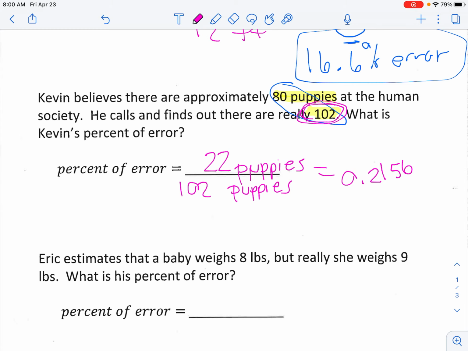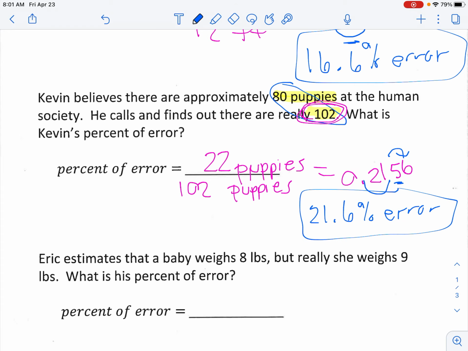We're going to round to the nearest tenth. So I'm going to take my decimal and slide it 2 places to the right. If I'm rounding to the nearest tenth, then I have to look at the 6 right here. That 6 tells me to round the 5 up. So the percent error would be 21 and 0.6% error. That would be your final answer, 21 and 0.6% error.